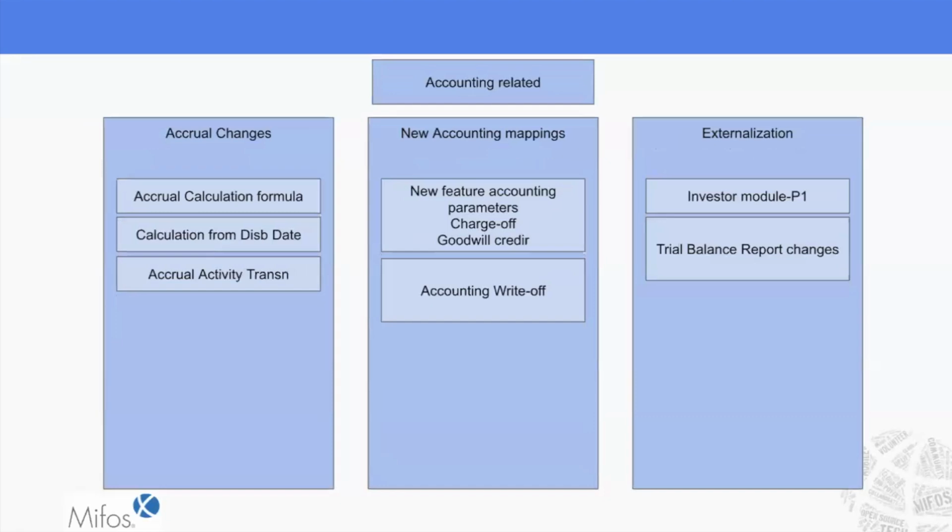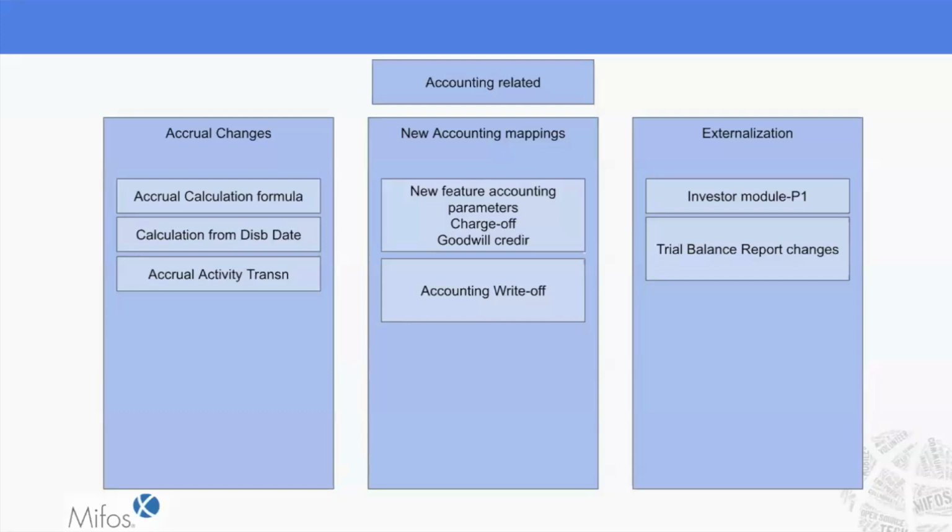Okay, moving on to accounting related. Buy now pay later supports the accrual type of accounting. As we were changing the interest and EMI formula, we had to work on a new formula for accrual calculations as well. Here we need to give an option to accrue the interest from the disbursement date itself.